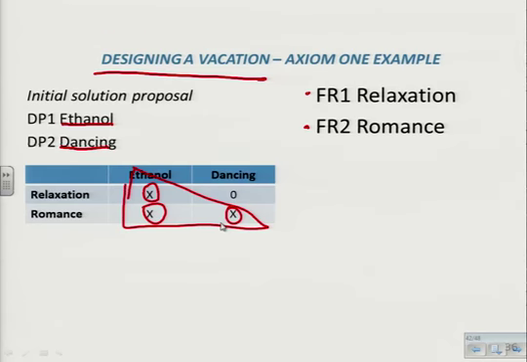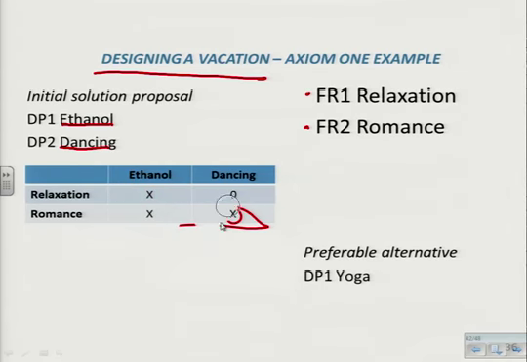Well, it doesn't take much experience to realize that the ethanol can overwhelm the situation, and that no amount of dancing will be able to fix the ethanol problems. And so in this case, we ought to be looking for an alternative that will not impact the romance, so that we could have instead a diagonal matrix, which would be better.